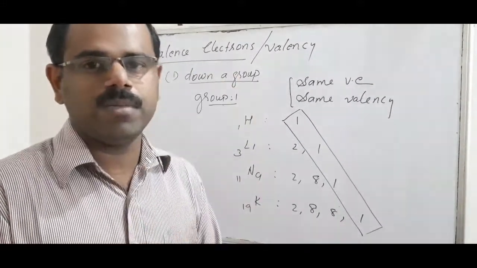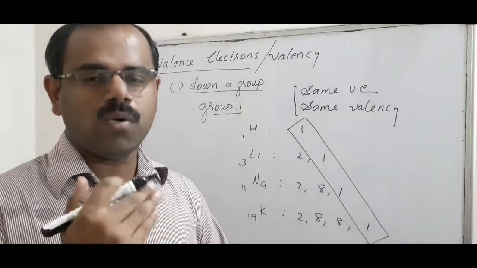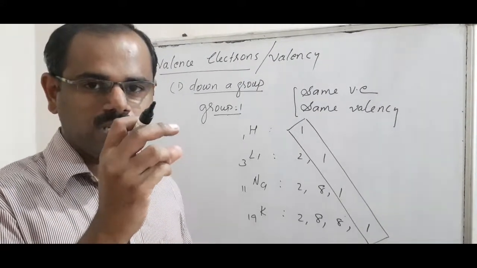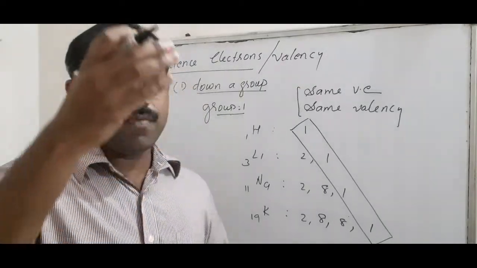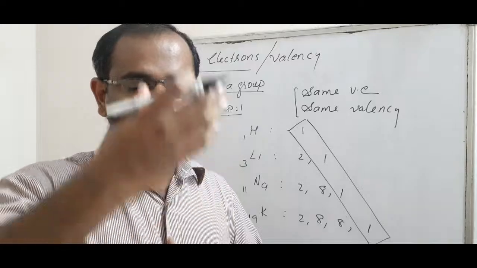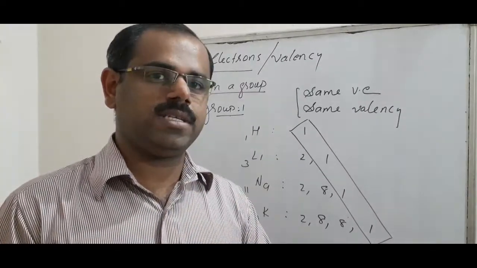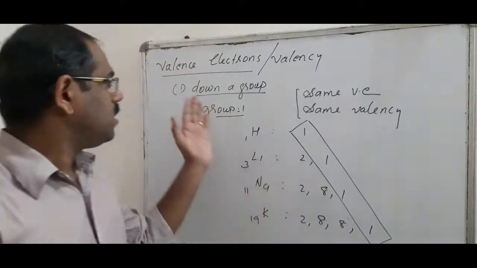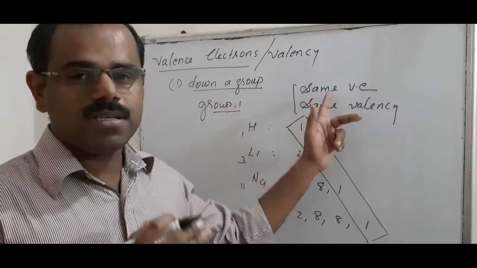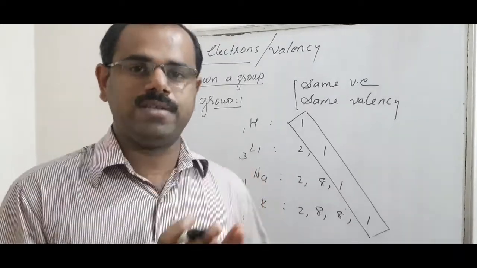Any element of group 1 loses 1 electron from its outer shell, so you get a positive 1 valency. In the same way, group 17 elements gain 1 electron, so all the elements of group 17 will have minus 1 valency. So, down a group, since the valence electron is the same, they will have the same valency.